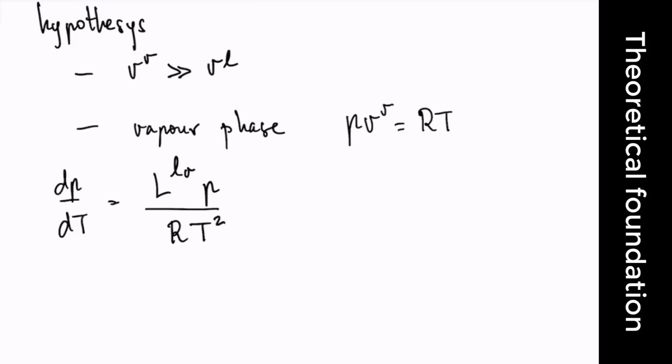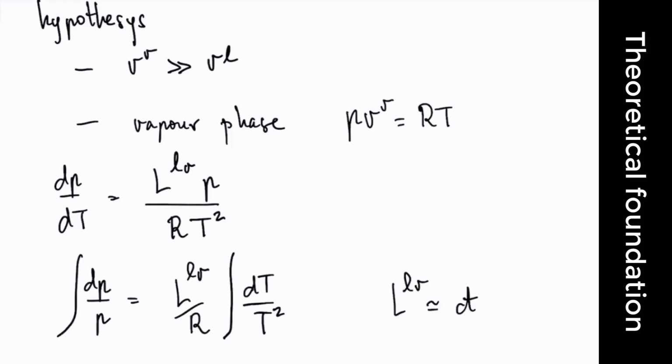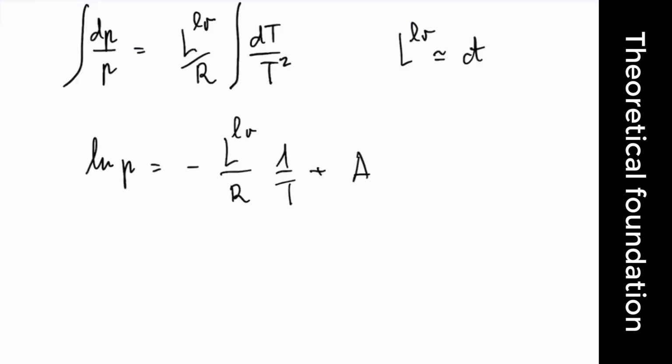If the variables are arranged so that pressure stays on one side of the equation and the temperature on the other side, and we assume that the latent heat of vaporization can be regarded as constant, we can then simply integrate between initial and final states.